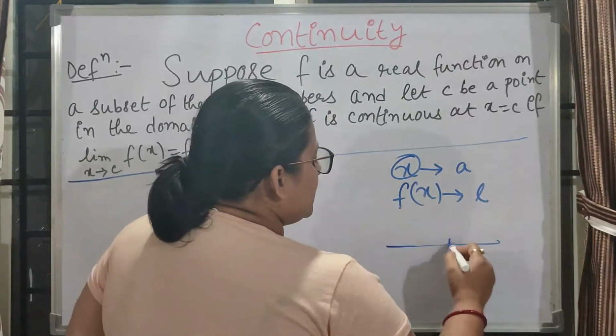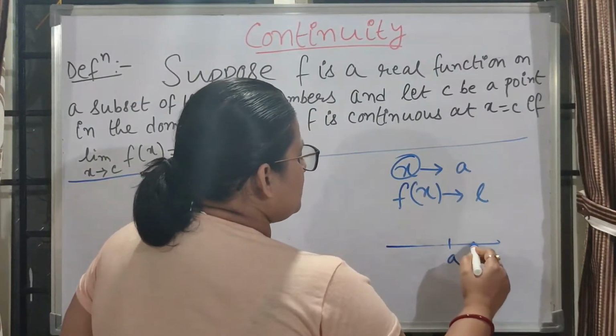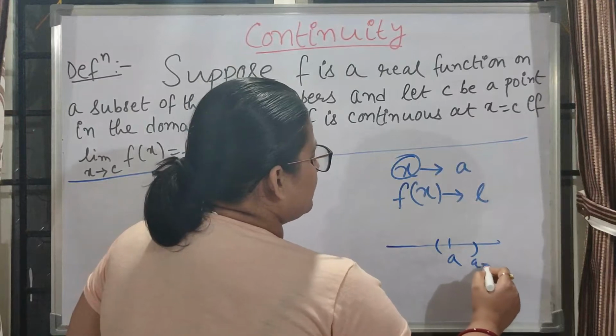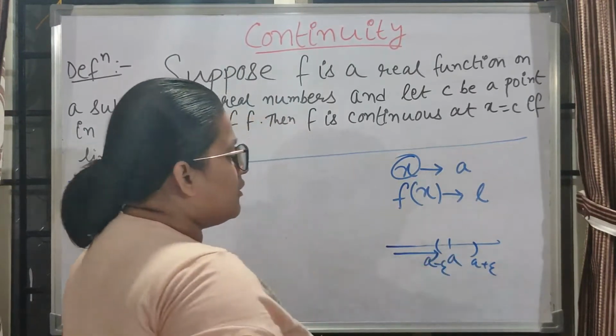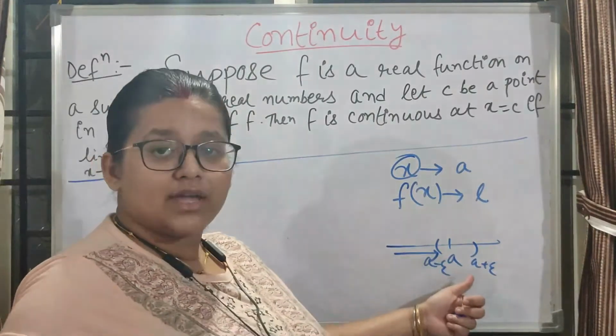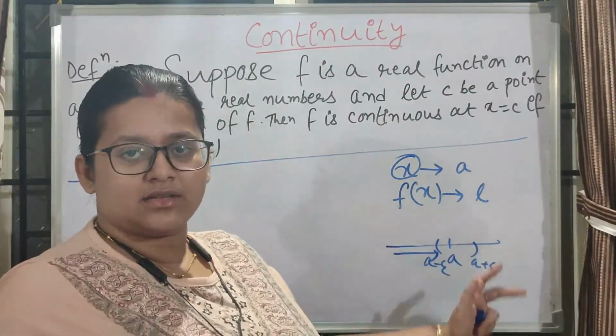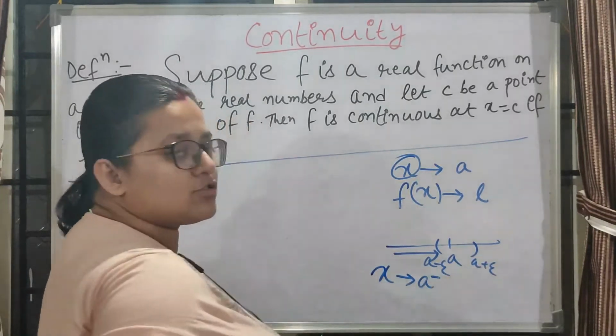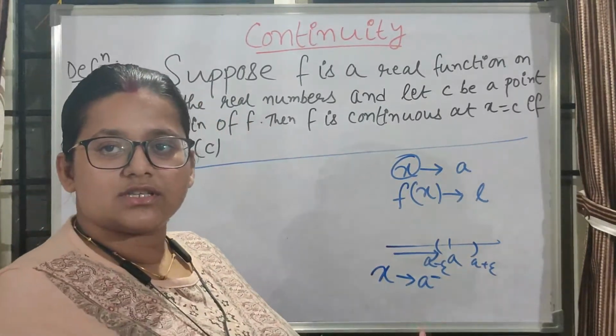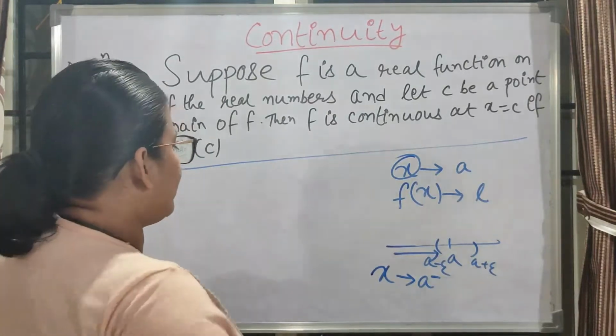So left hand limit means, if I draw the number line, here the neighborhood is there. Any values of x tending to a from the left hand side, that means x tends to a minus. So this will come for the left hand limit.